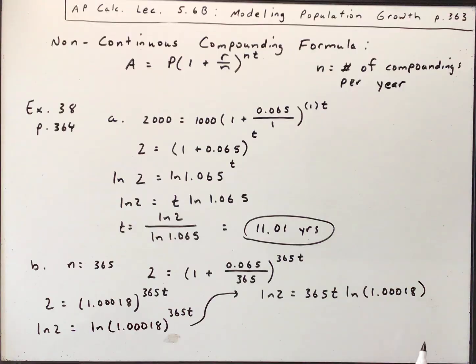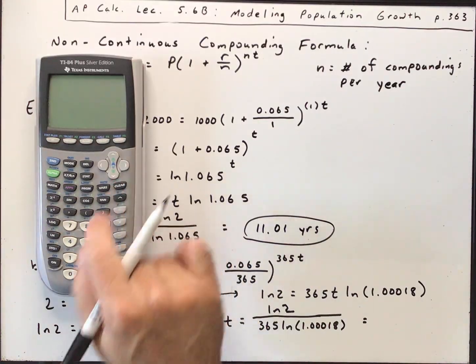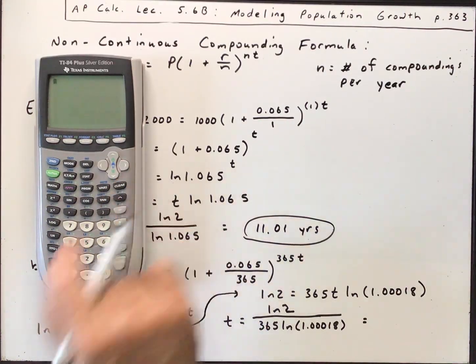Now solving for t, it's going to be the natural log of 2 over 365 times the natural log of 1.00018. I'm going to go ahead and put this in the calculator, put the calculator into view here, because we want to be careful.